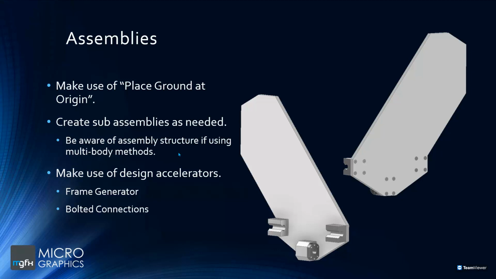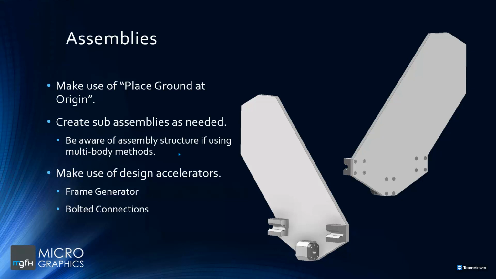So, the bearing there is a part that was downloaded off the internet from a supplier's website. It's then constrained into the model, and once that's constrained in its place, the bolted connections in this case were used to create the countersunk holes and also place the countersunk cap screws inside of those holes as well.